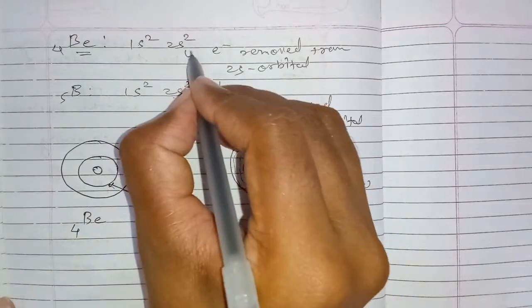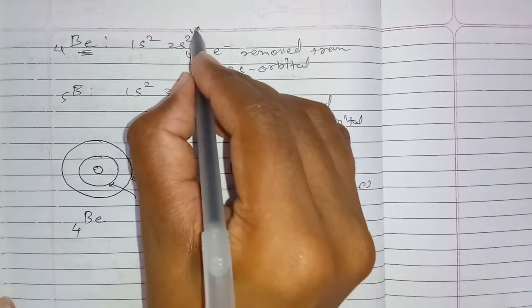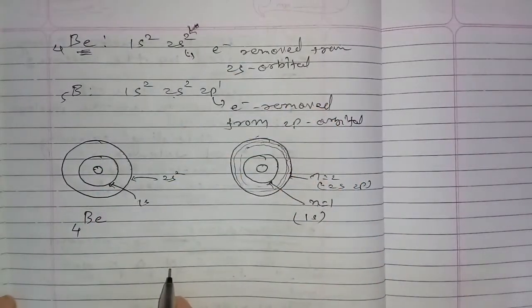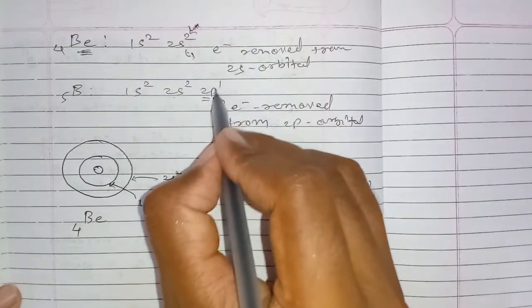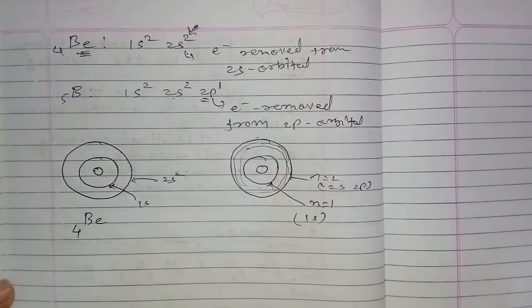The penetration of electrons in beryllium, there are 2 electrons in 2s, and here the penetration of electrons in 2p orbital is 1 electron.